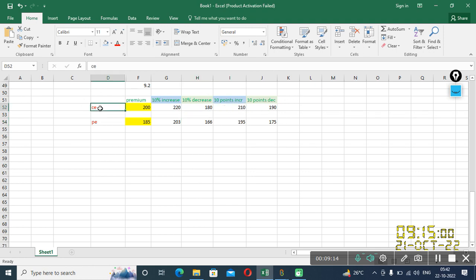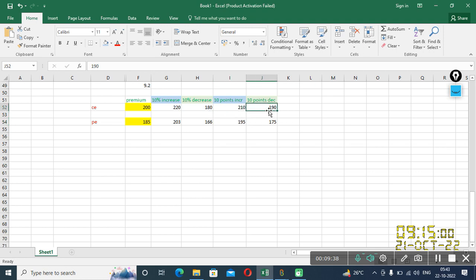तो आपने बोला कि CE का 200 पे तो execute नहीं कराना है. अगर ये 10 points increase हो जाता है, which comes out to be 210, then only it should get executed, right? And similarly with PE, अगर ये 185 का 195 हो जाता है यानी 10 points increase हो जाता है, then only it should enter into the trade.